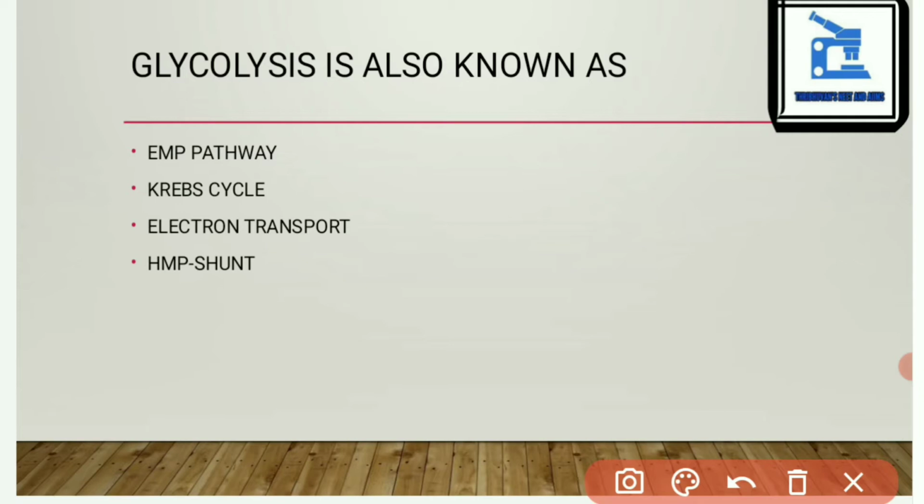The EMP pathway full form is Embden-Meyerhof-Parnas.